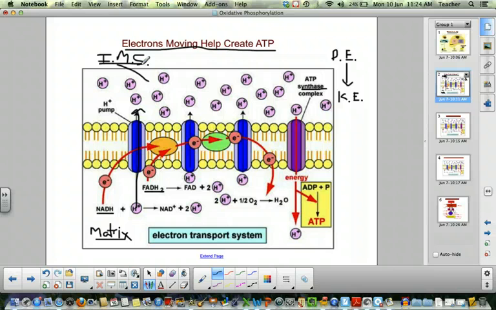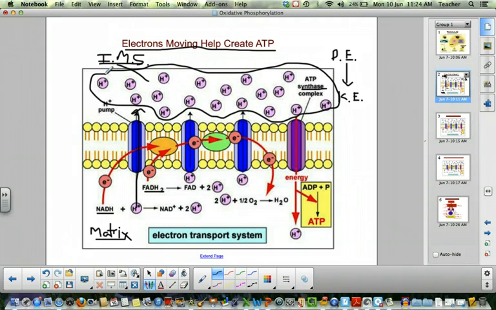Okay, now why? Why is all that going to happen? Well, the idea here is that we create a concentration gradient of protons. Okay, and as we know from past experiences, when we have a concentration gradient, again, we have potential energy.